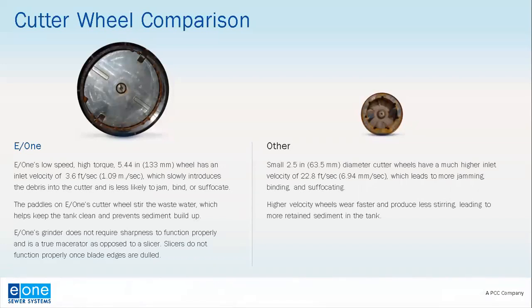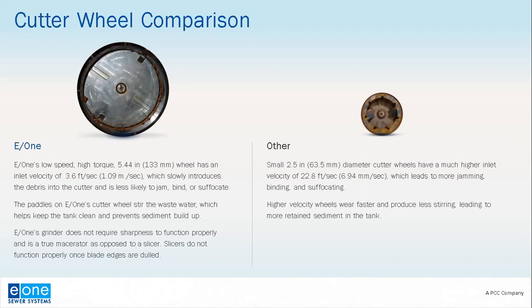This slide shows a comparison between the cutter wheels. In our case, it's a grinder. The other guys use the cutter, which requires sharpness. The inlet velocities become very, very critical when you're analyzing these designs. When you're looking at any one grinder demo, you've got an inlet velocity going into the wet end of that pump at about 4 feet per second on the high side.